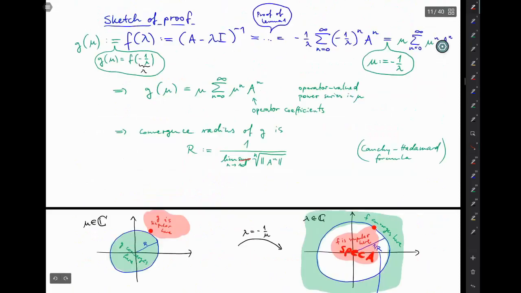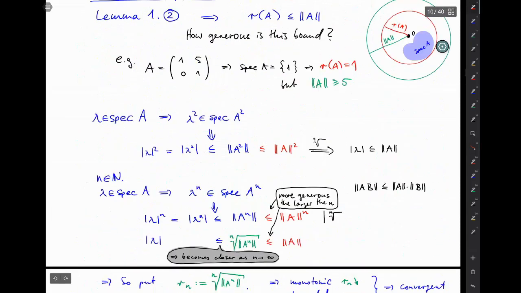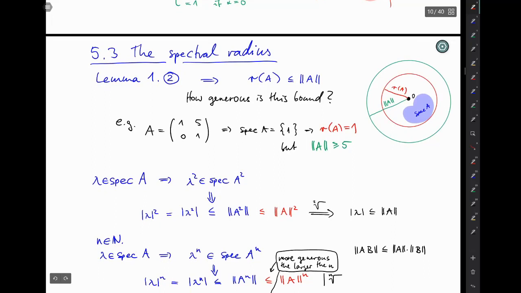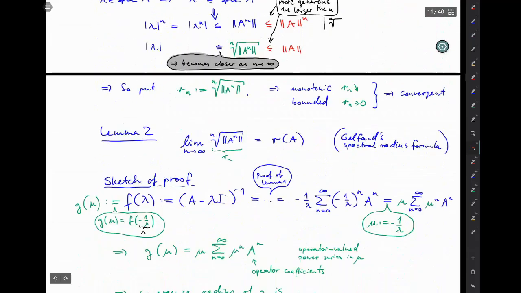Or in other words, can we say for which operators the red and the green circle are in fact the same? Well, obviously not for that one, but maybe we find some.